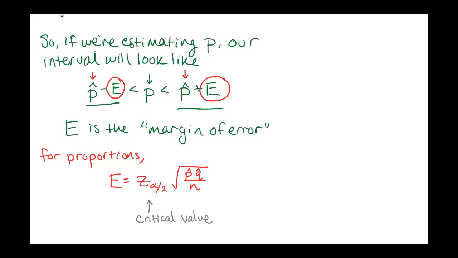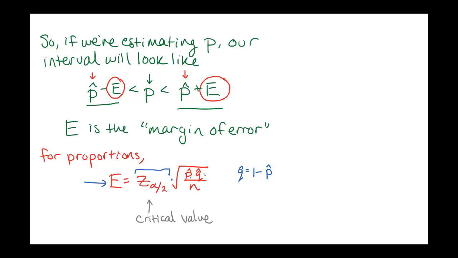So for proportions, we have this formula for the margin of error. And this is a z-score, z alpha over 2. This is called the critical value, and we'll look at how to determine this in just a second, times this quantity here. This is the square root of p hat, that was our sample proportion, times q hat. And just like we saw with binomial distributions, q hat is just the complement, or 1 minus p hat.